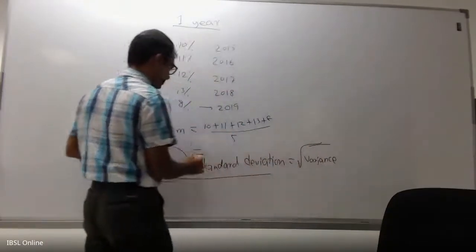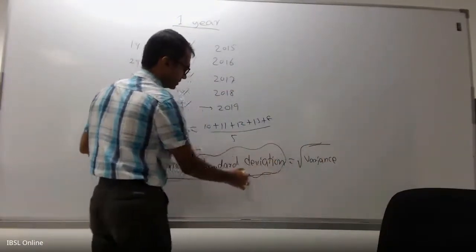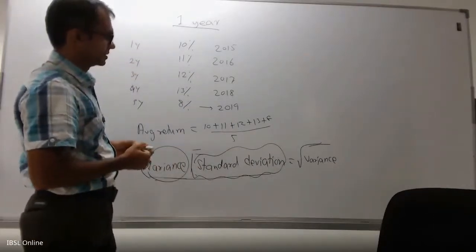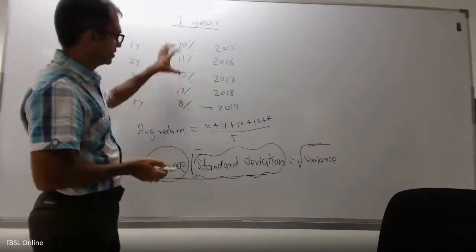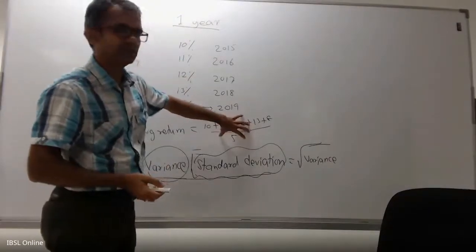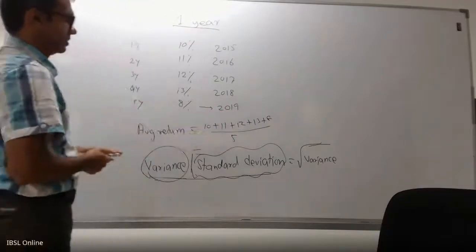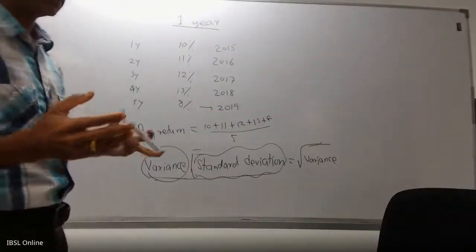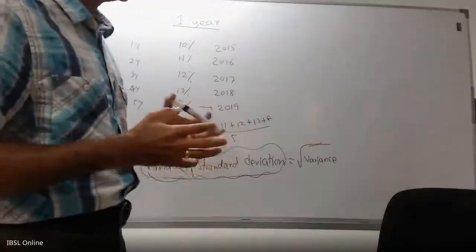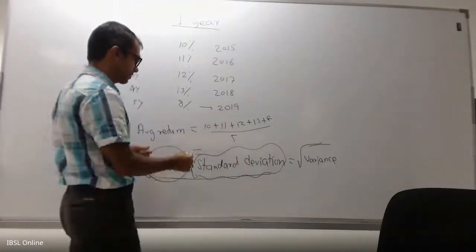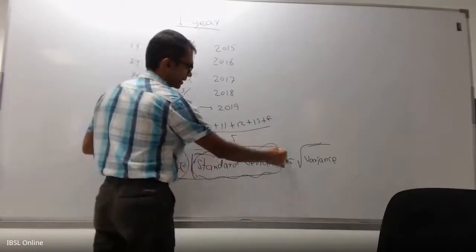So standard deviation measures the deviation of the return from the mean, how far that return can deviate from the mean return. That is the measure of spread.